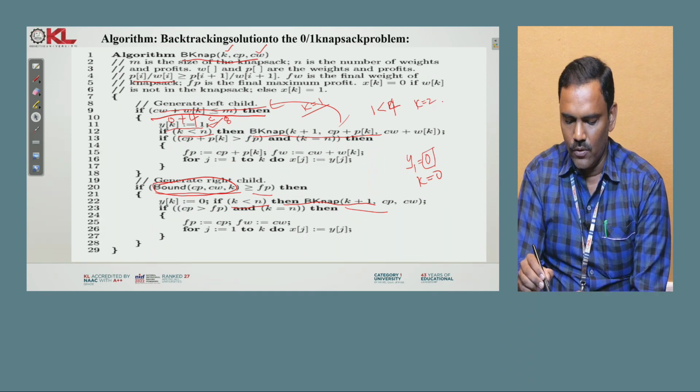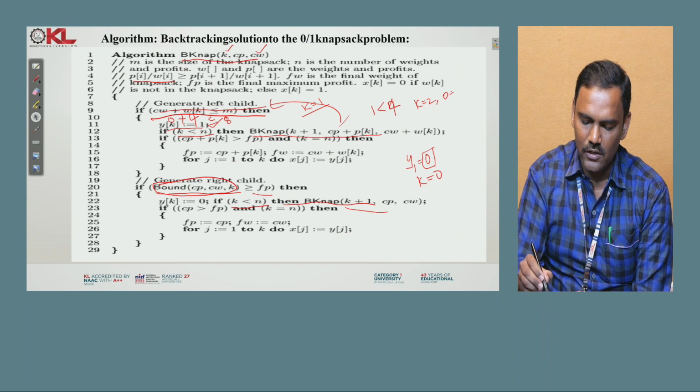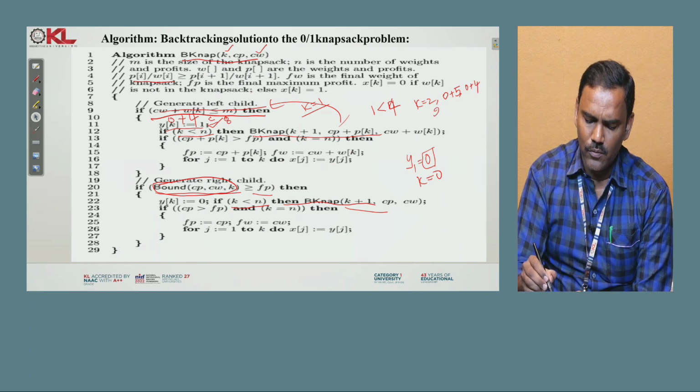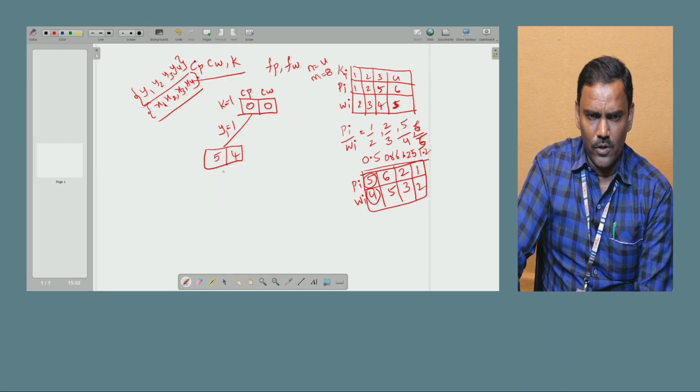Then what we are doing is CP plus P of K. That means we are adding the initial profit 0 with the profit 5, and the initial weight 0, we are adding 4. That means we get 2 comma 5 comma 4. This is the next node that we hit.